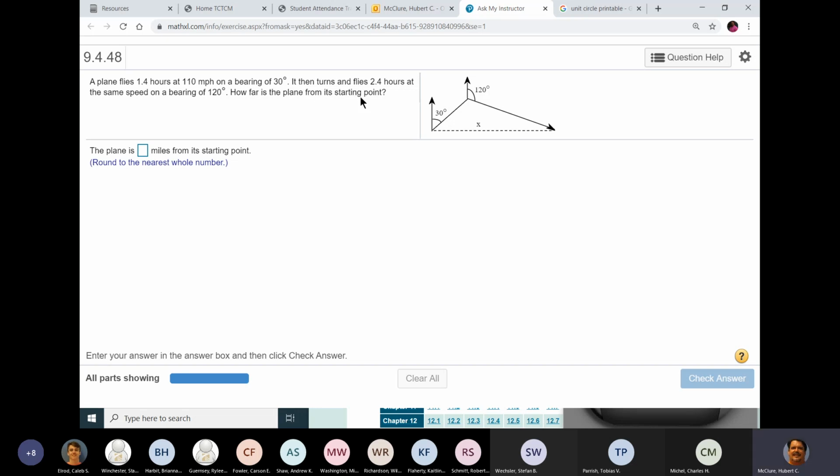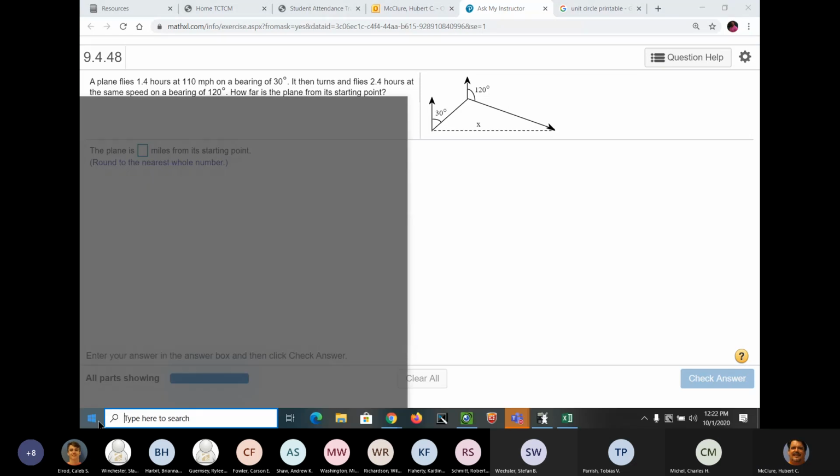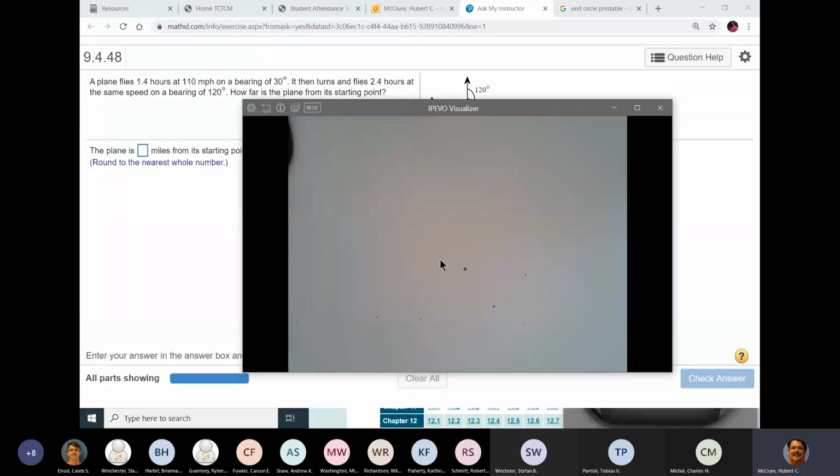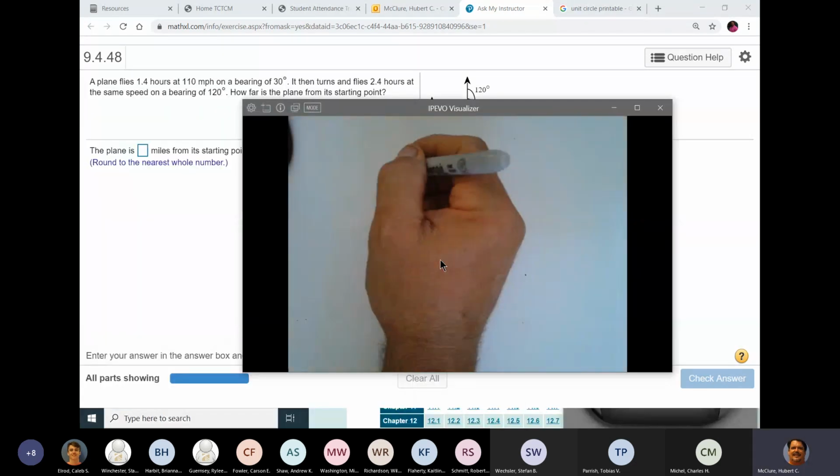How far is the plane from its starting point? Okay, well, this is not difficult. You just got to use a little bit of geometry where you learn the complementary angle and supplementary angle.